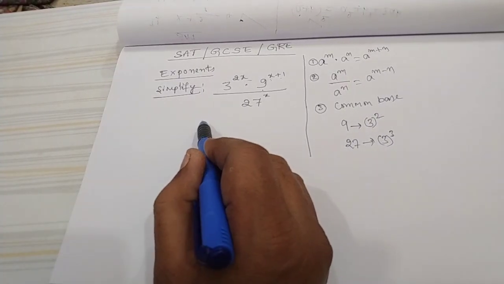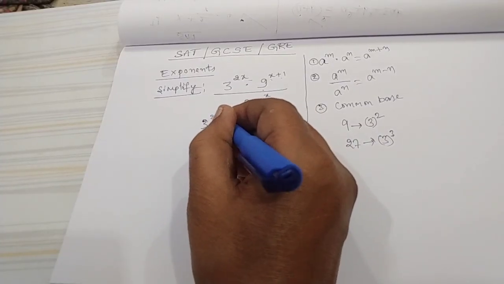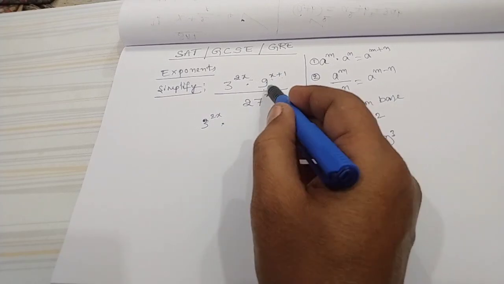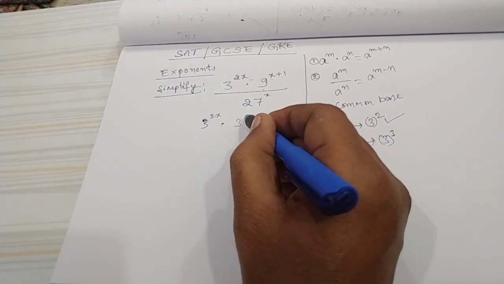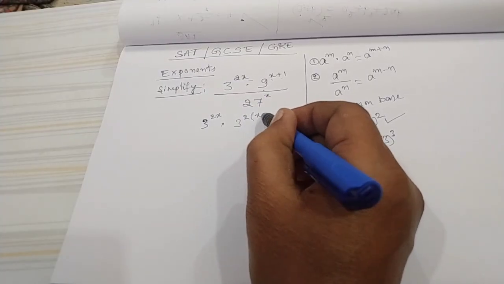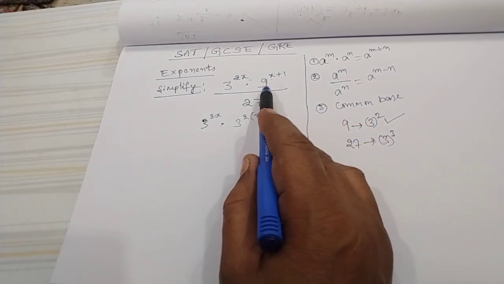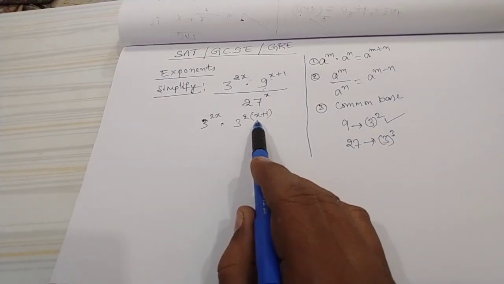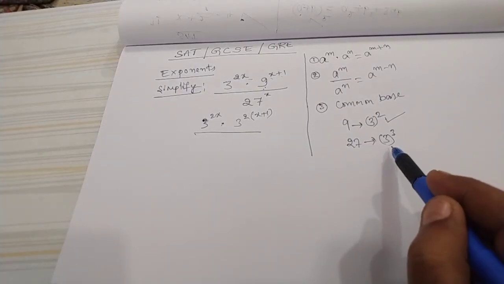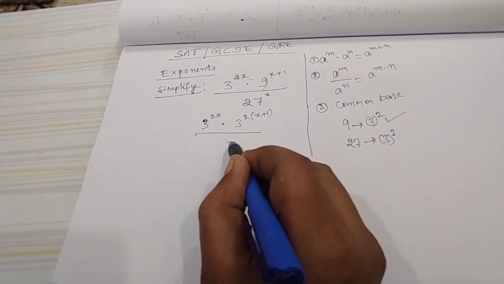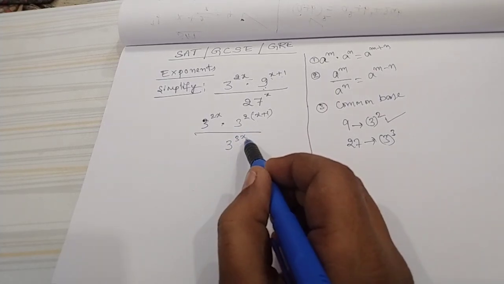So let us begin. The first step: 3 to the power 2x, then times 9, which I write as 3 square, so I replace 9 with 3 square, and x plus 1 goes in the brackets. Then 27 we can express as 3 cube, so I replace 27 with 3 cube, and times x, that is 3x, in the denominator.